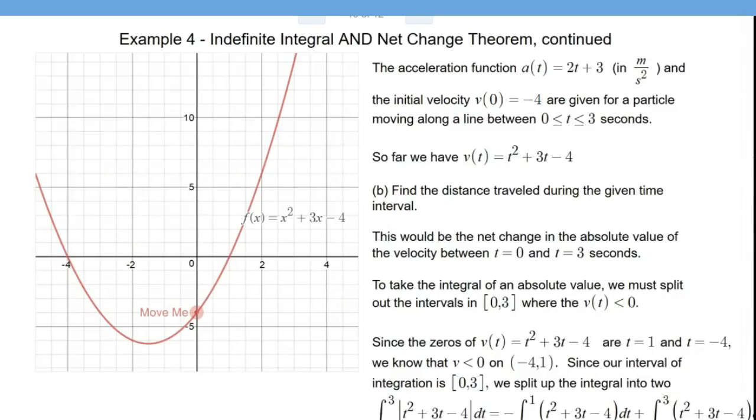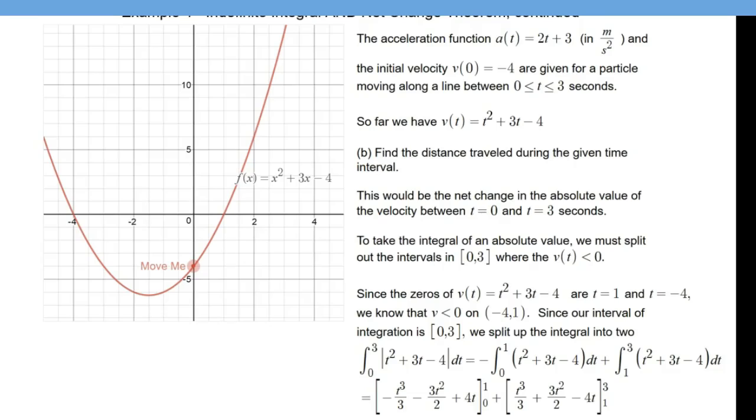Now the next part of this example is to find the distance traveled during the given time interval. This is where we use the absolute value of the velocity. To take the integral of an absolute value, we're going to split it up depending on where the function is above the x-axis and where the function is below the x-axis.